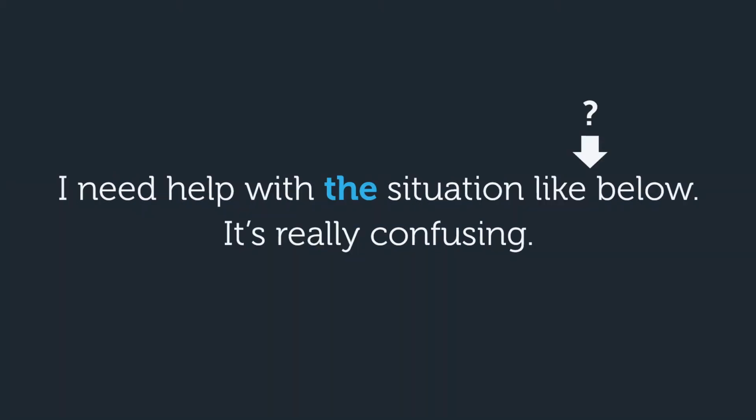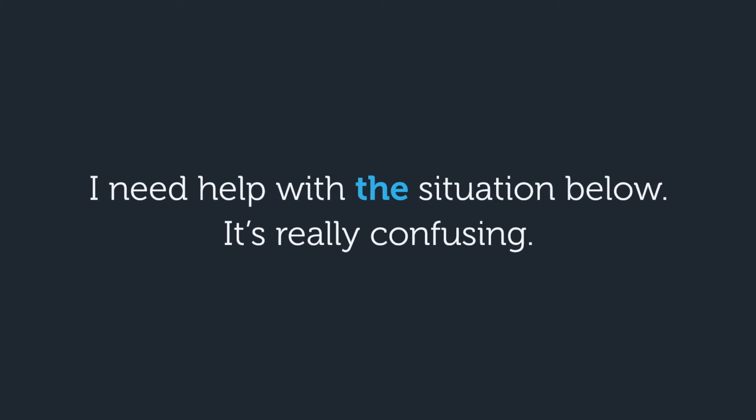Looking back at our first sentence, we have a bit of a dilemma. Earlier, I said that the fits because we're talking about a specific situation. But then I just told you that if we're using like to give examples, then the first thing is typically generic. That means we need to do one of two things here. On the one hand, we could get rid of the like altogether so that we say, I need help with the situation below.